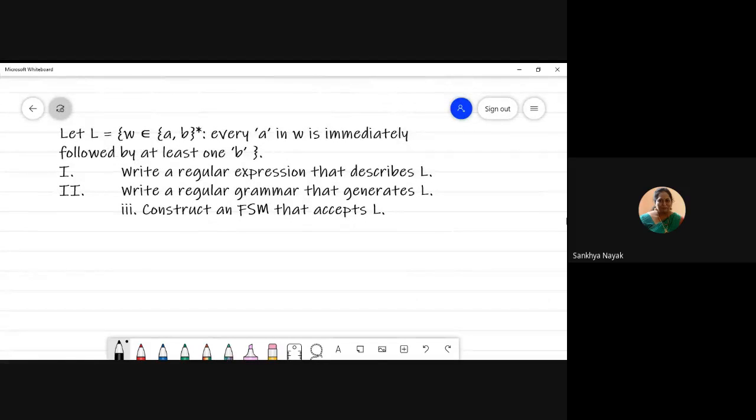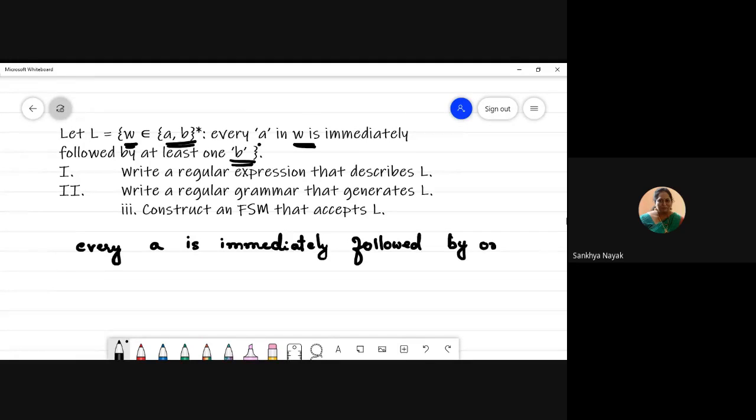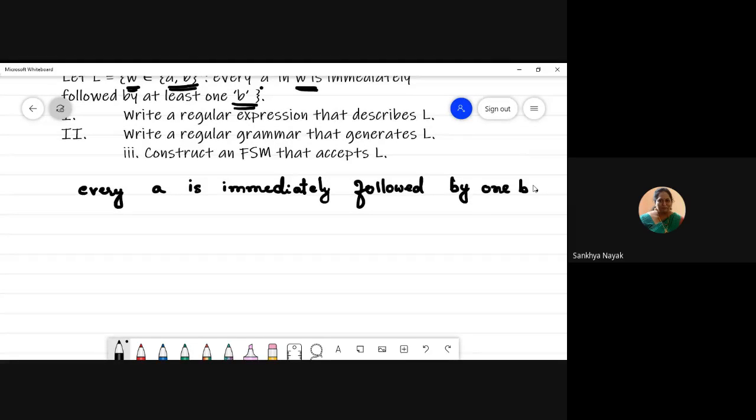Now let us see, you might get a question like this. Let L be equal to W, which means strings derived from the alphabet AB, where every A in W is immediately followed by at least one B. So you should think like this: if A is there, it should be followed by B. If only B's are there, no issue.